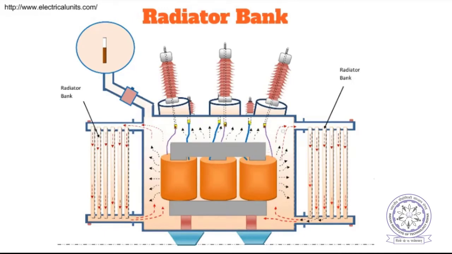So therefore you can see the cooling patterns here, oil patterns here, even in the absence of any pump system. The oil will be circulating like this due to natural convection.